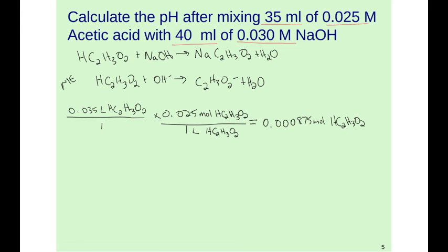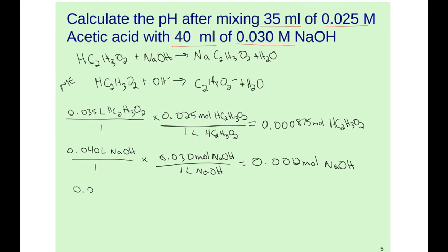So we can see by looking at these numbers that there is more sodium hydroxide than there is acetic acid. And if we find the difference, 0.0012 minus 0.000875, we see that there are 0.000325 moles excess of sodium hydroxide.